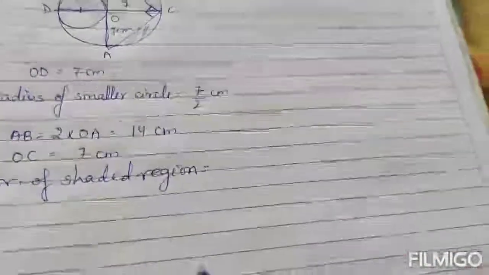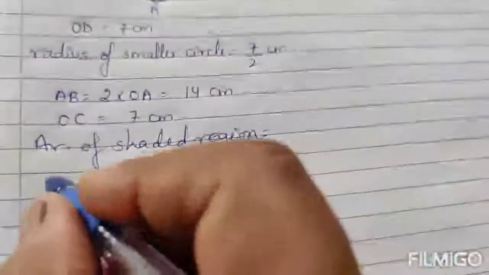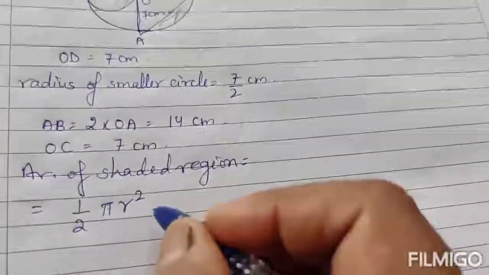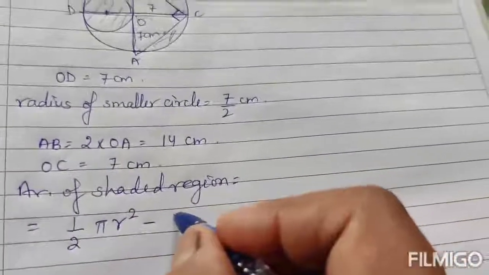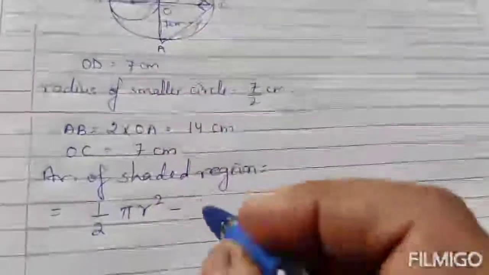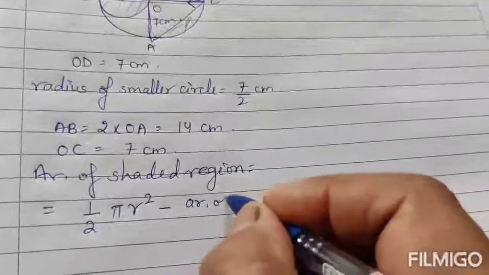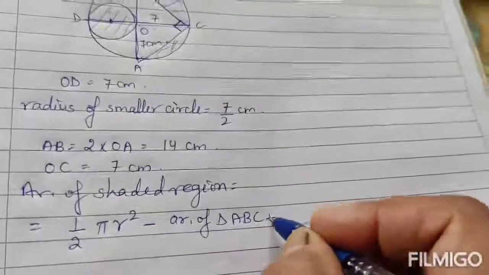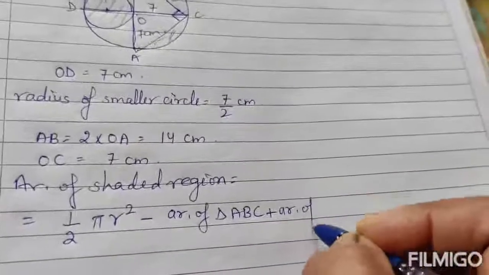Area of semicircle is 1 by 2 pi r square, minus area of triangle ABC, plus area of smaller circle.